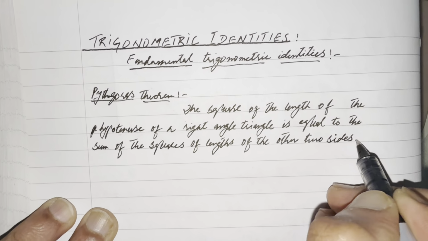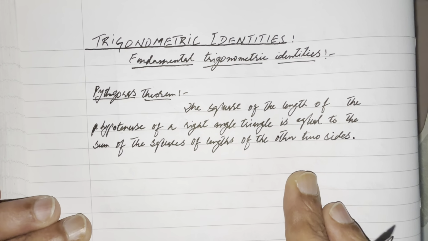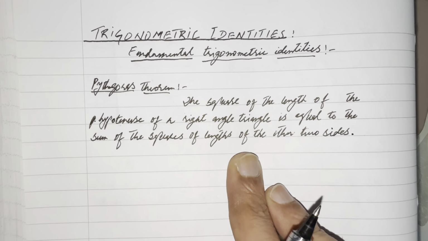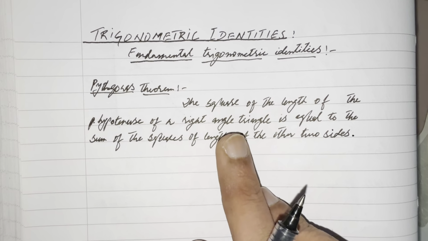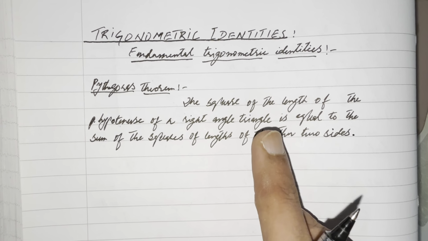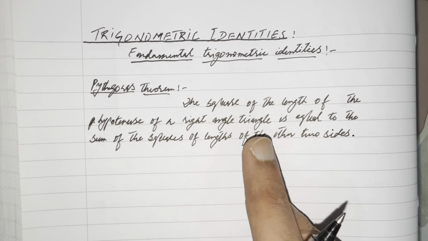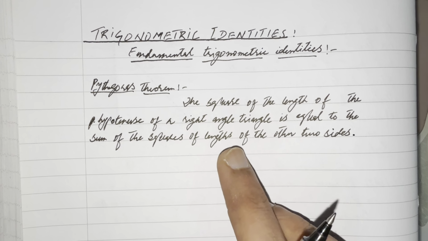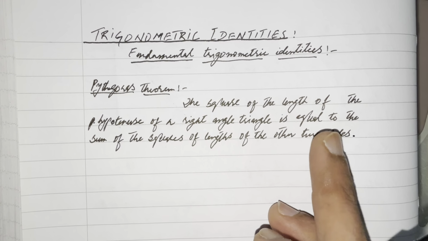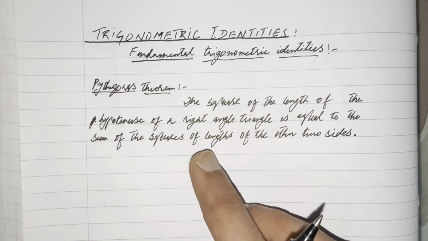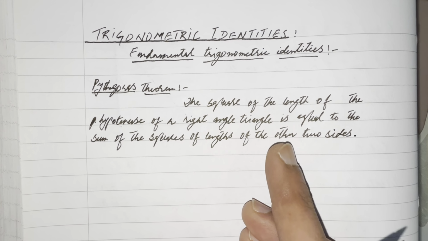So that's the definition of the Pythagoras theorem: the square of the length of the hypotenuse of a right angle triangle is always equal to the sum of squares of the lengths of the other two sides.